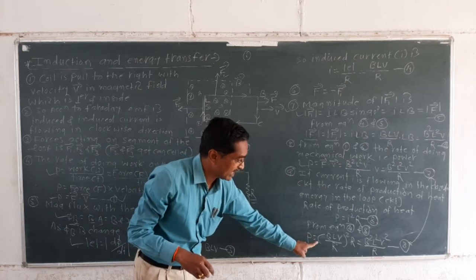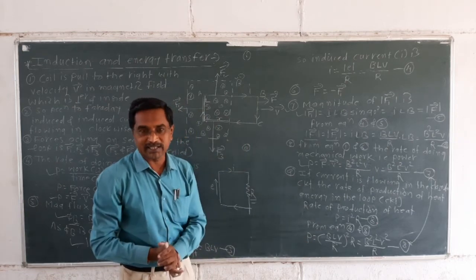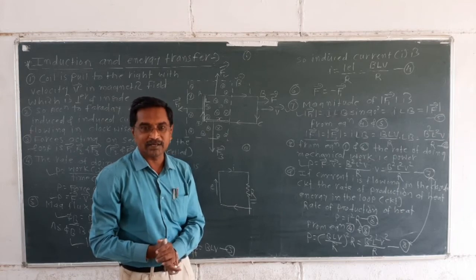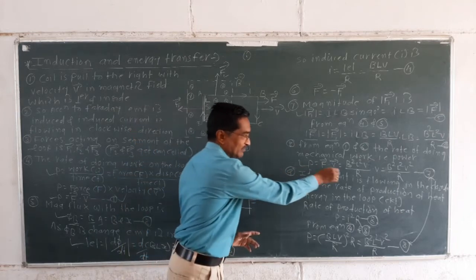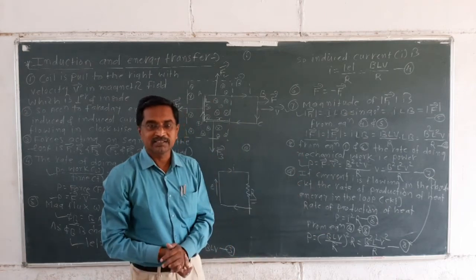So equation number 8 gives us the rate of electrical work done. The electrical work done. Both are same. Equation 7 and equation 8 same.